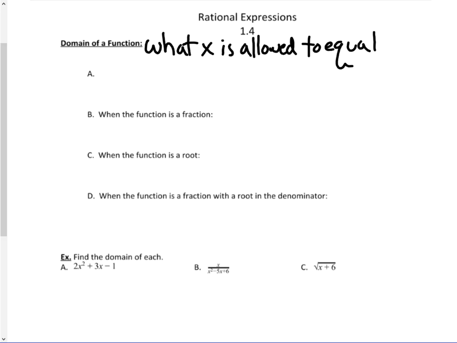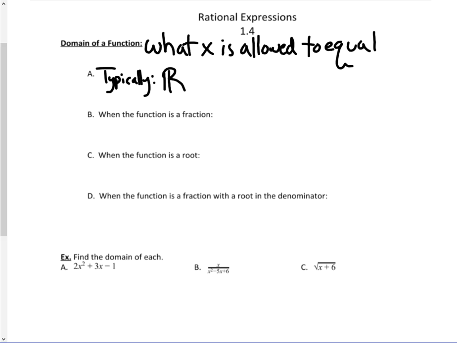So usually we assume that a function has a domain of all real numbers. Typically, with polynomial functions and the stuff that we're used to seeing, our domain is going to be all real numbers, which we represent as an R with that little line through it.